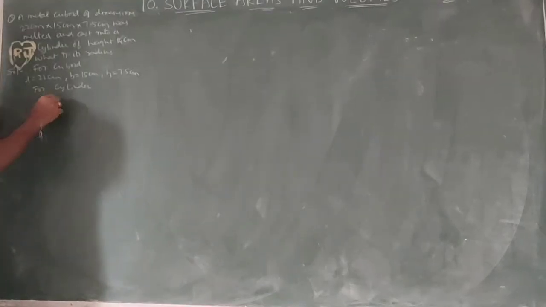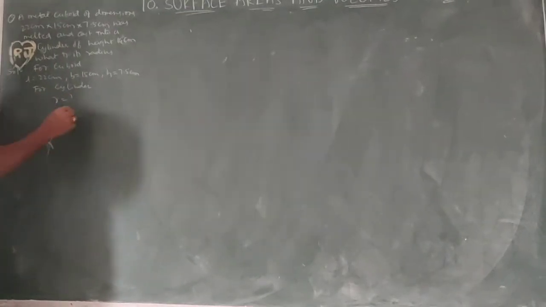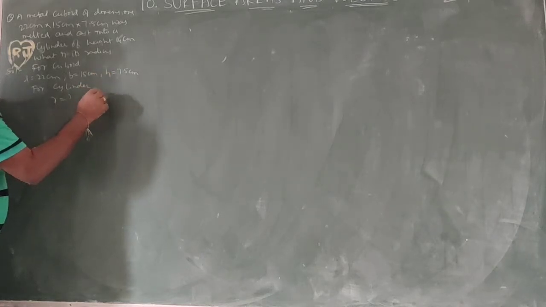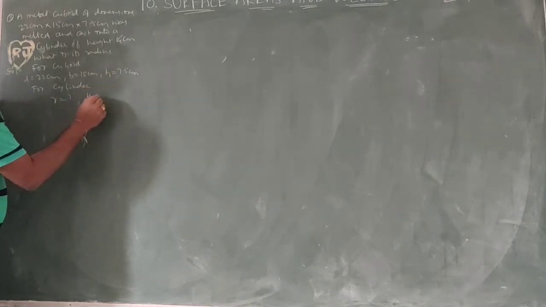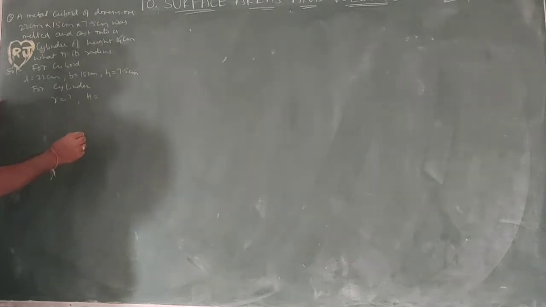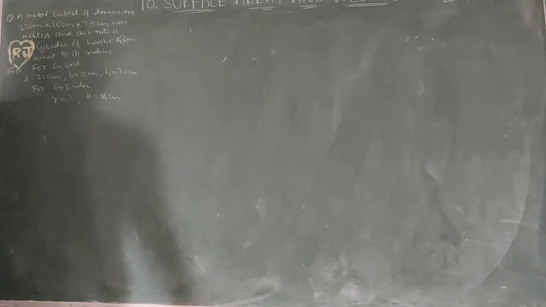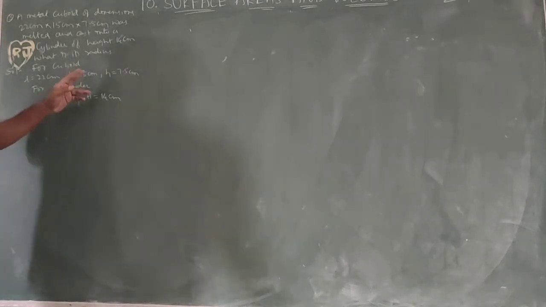so we don't know radius, height is given. So to avoid confusion, small h is taken for the cuboid and I am taking capital H for the cylinder. Capital H equal to how much? So height is equal to 14. Just to avoid confusion only I took.